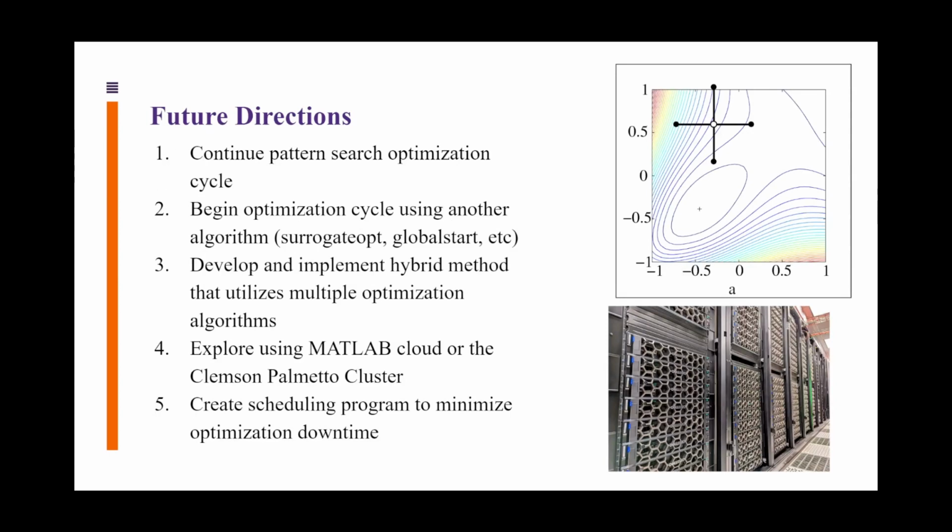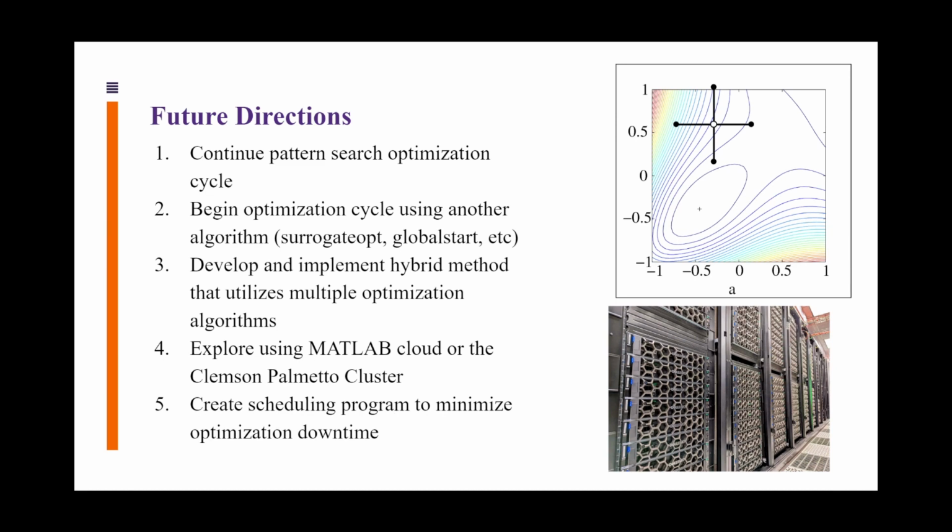Some of these future directions: one of which would be to continue using pattern search optimization, which is what we landed on in the end. Another one could be to use a different optimization cycle within the global optimization toolbox, or perhaps implement some sort of hybrid method that utilizes multiple optimization algorithms.